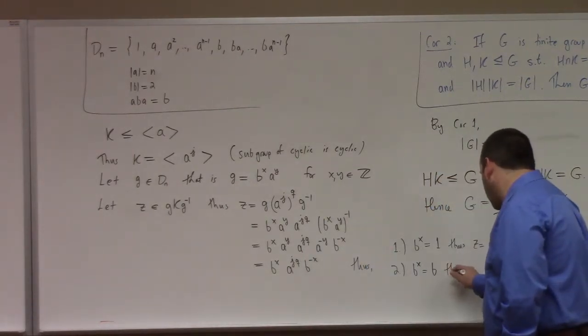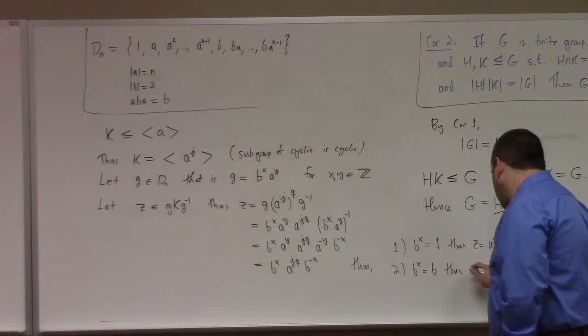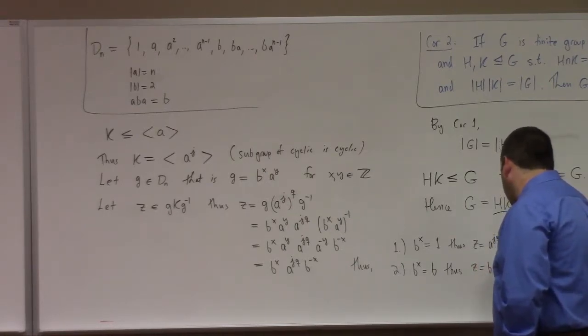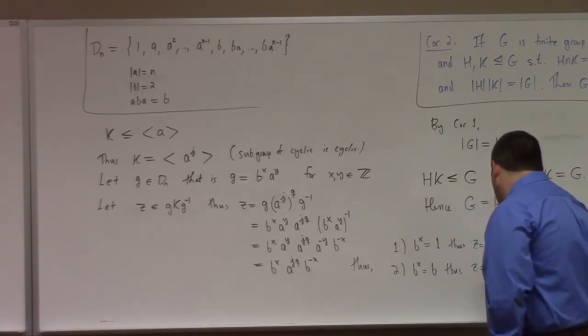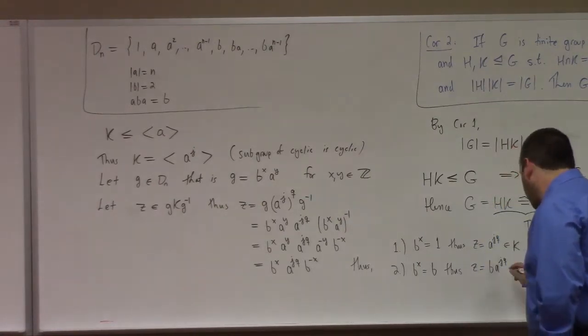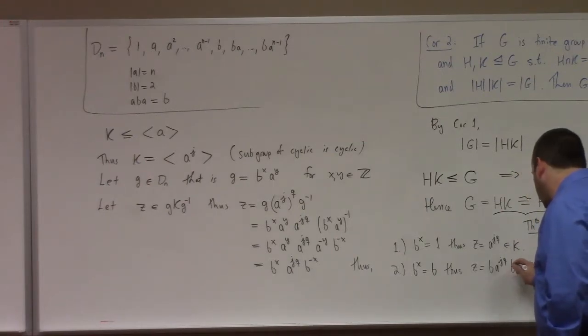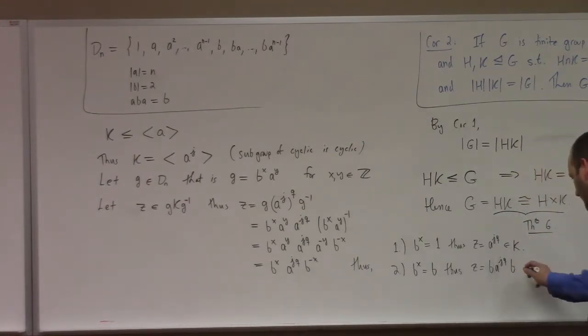Thus, z equals b, a to the, good grief, I can't write at this level, b, a to the jq, b to the, well, b, right? And then the rule is, I mean, since I wrote that, b, a to the minus jq.